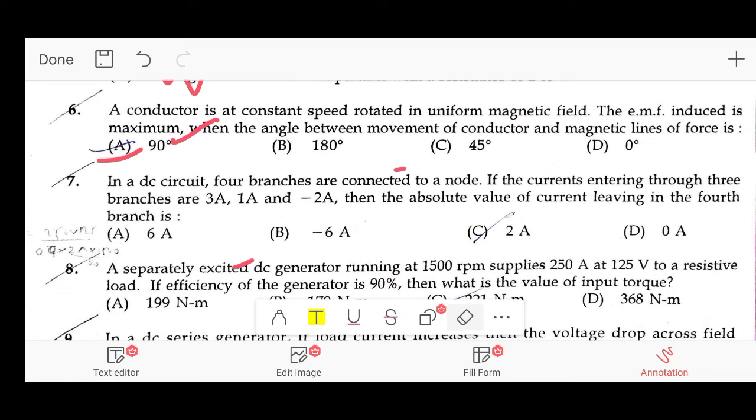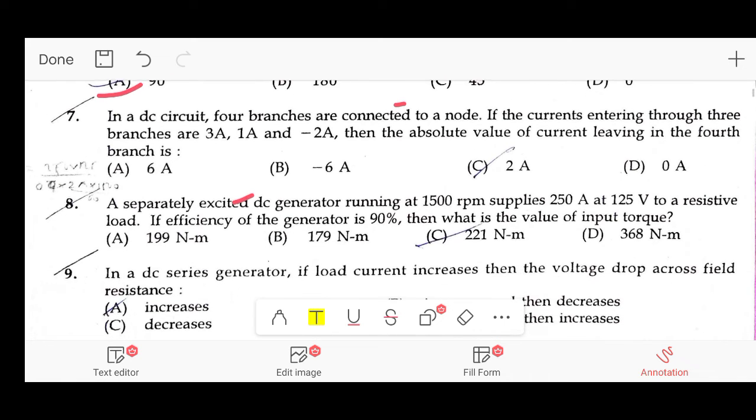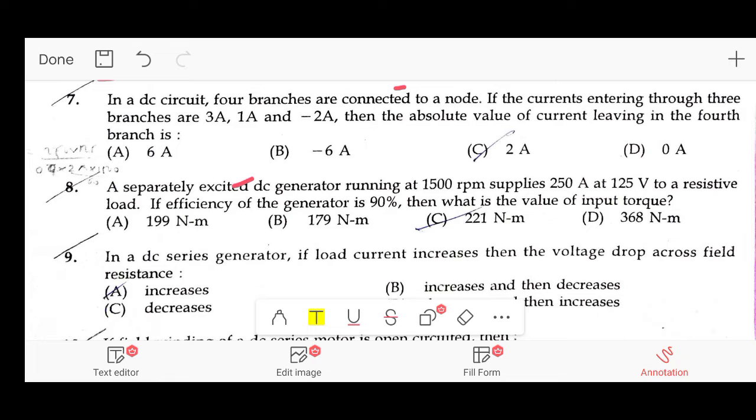Next question, the 7th one. In a DC circuit, 4 branches are connected to a node. If the currents entering through 3 branches are 3 amps, 1 amp, minus 2 amps, then the absolute value of the current leaving in the 4th branch is.